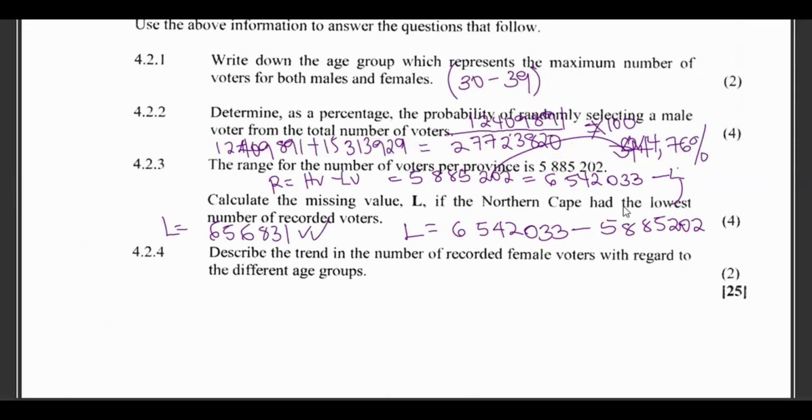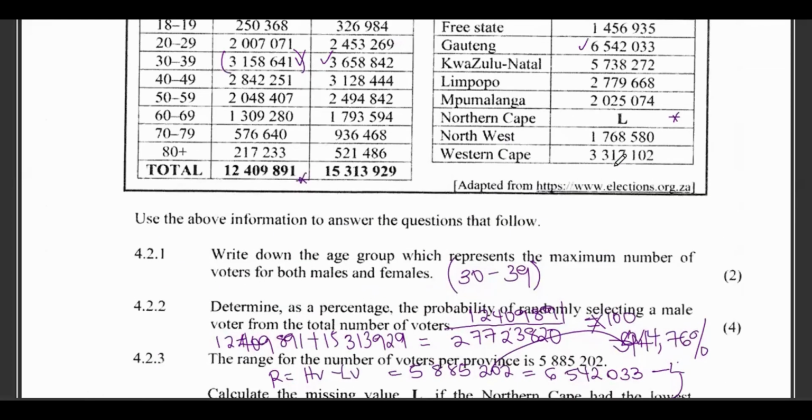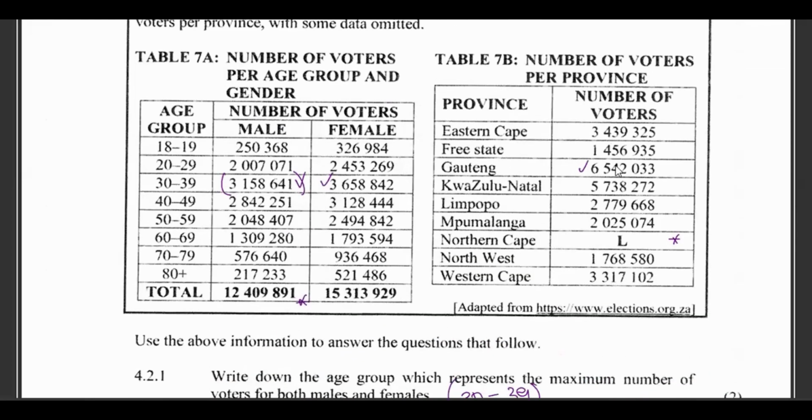That's the L. Describe the trend in the number of recorded female voters with regard to different age groups. What is the change? When you look at the voters, you know, when you look at it nicely, what's the trend? That's a trend. We can say the number keeps increasing.